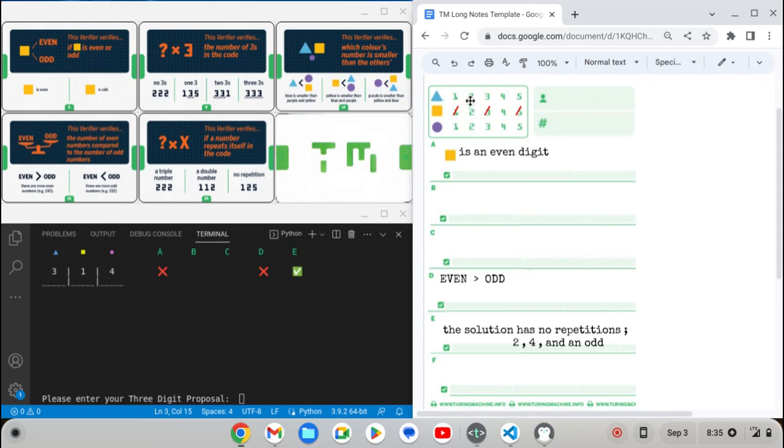So it could be that either triangle or circle are going to be, potentially, is my assumption, that there's going to be a 3, and then the triangle or circle is going to be a 2, and then I'm thinking that square is going to be the 4.